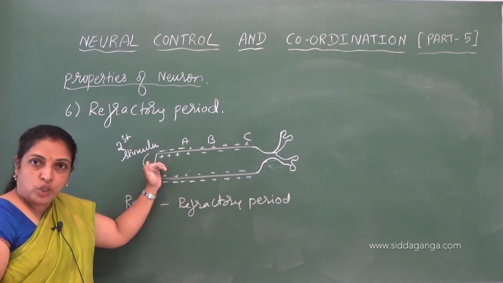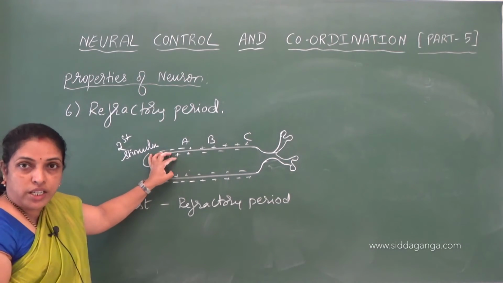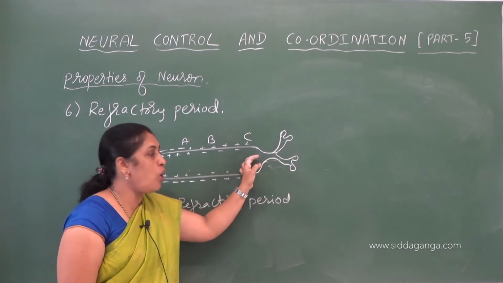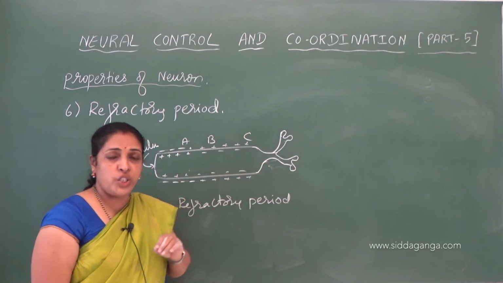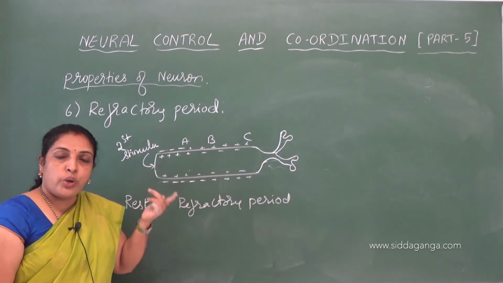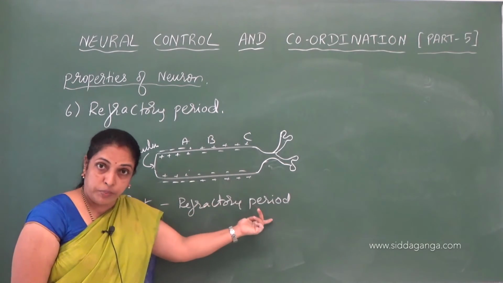When we apply a stimulus, the nerves generate action potential and it is carried along the length of the axon till it reaches axon terminals. After that, the nerve fibers undergo a period of rest. That rest period is called refractory period.